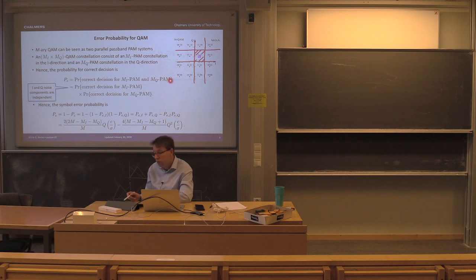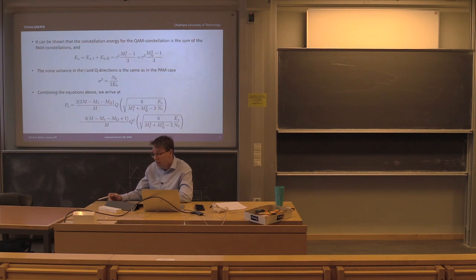And since the noise is independent in this direction and that direction, I haven't really shown it, but you have to believe me on this, then we can find this as the product of the probabilities for making a correct decision along the I-axis and along the Q-axis. And then it's just algebra to get to the final result. So I will skip this and then skip a few things, and then here is the final equation for this.